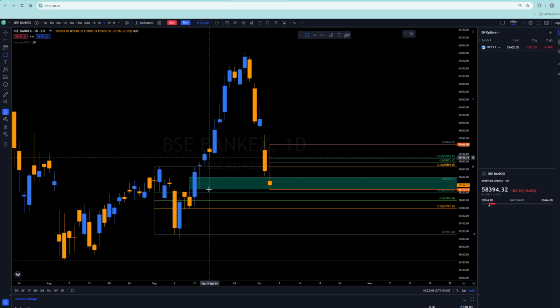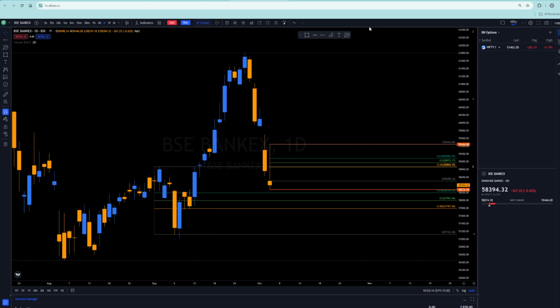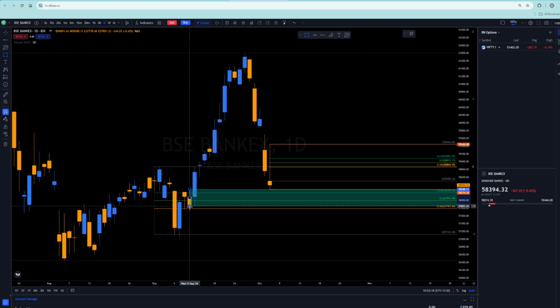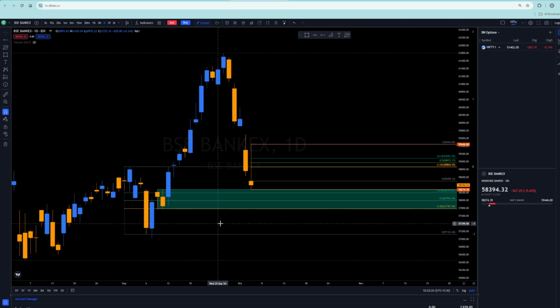I'm just going to remove this fair value gap from here for a second. And just put this order block level high and low. So it will be interesting to see how market अगर नीचे आ रही है तो ये सब levels becomes crucial.